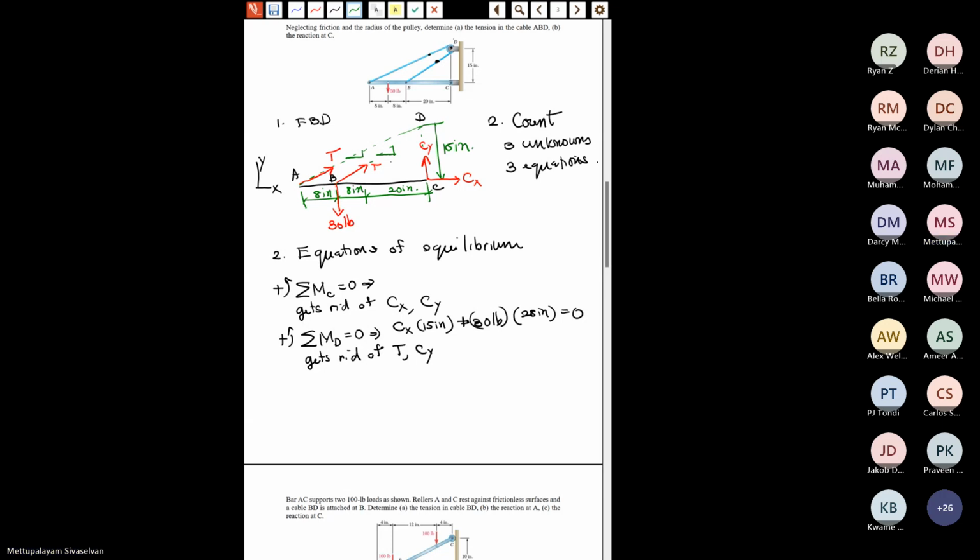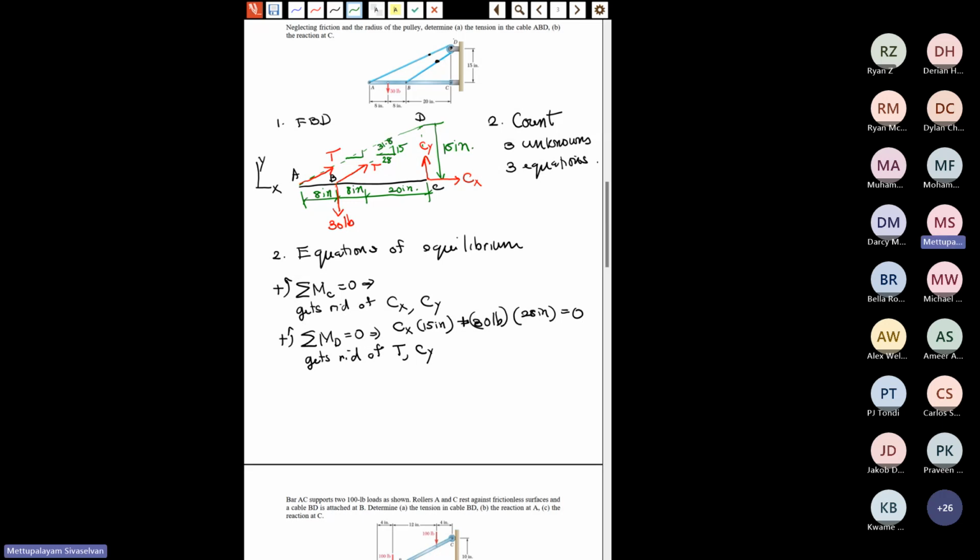This is 28, this is 15, and the square root of 28 squared plus 15 squared is 31.8.